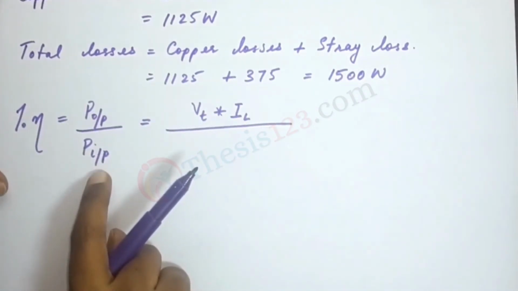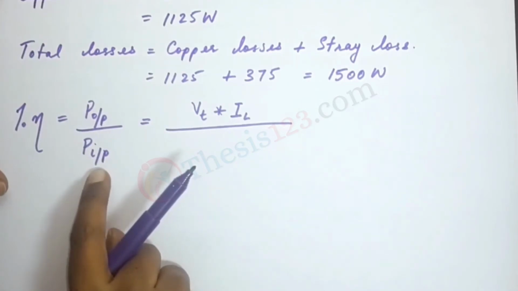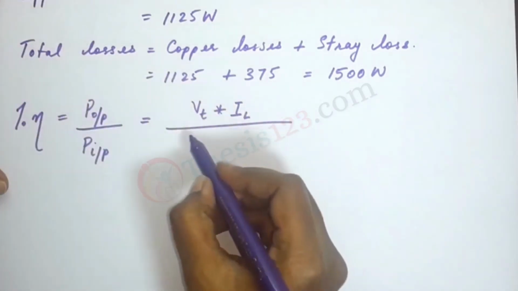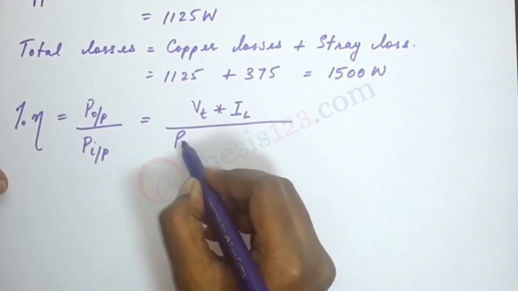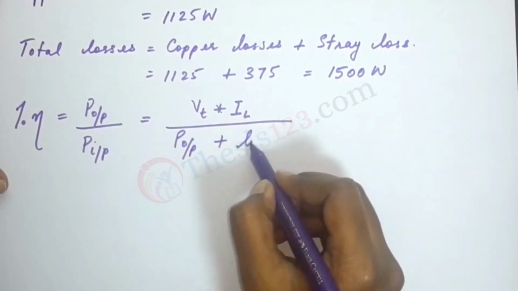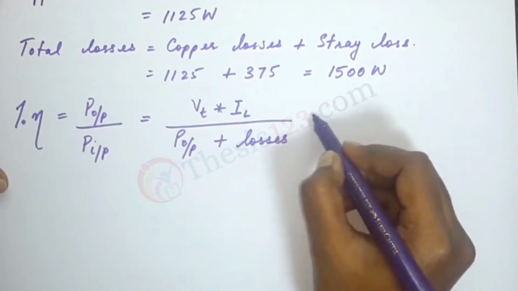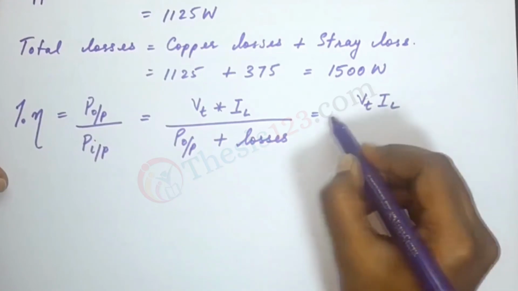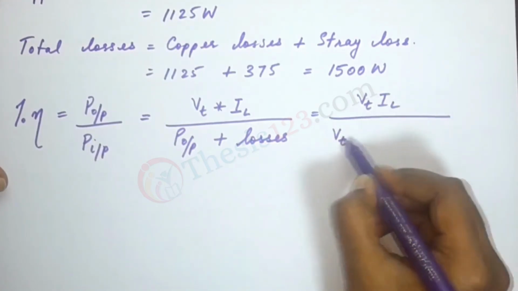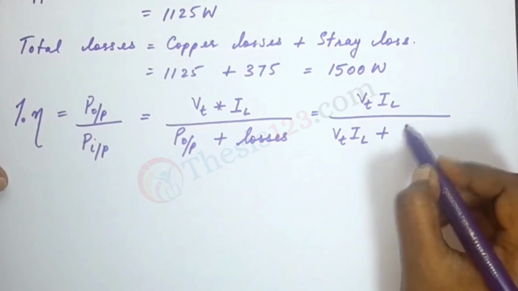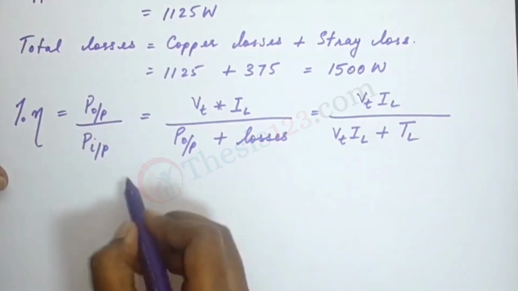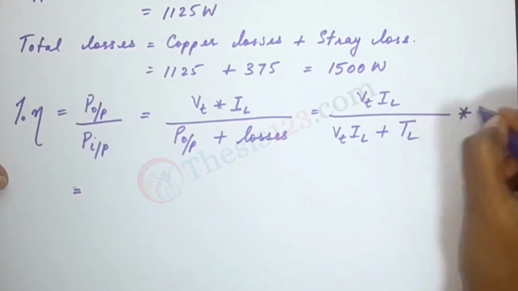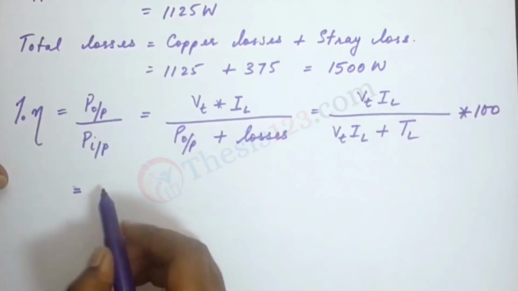We have no idea of the input, it is not given to us, so we can write it in terms of the output and the total losses. So the input equals the power output plus total losses. So this would be VT IL divided by VT IL plus total loss.